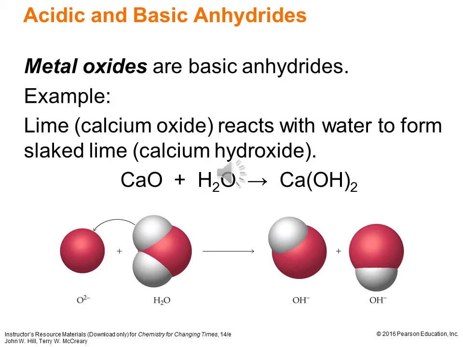It has hydroxide ions. So the nonmetal oxide, sulfur trioxide, in our previous slide, when we added water, we got sulfuric acid. Here, when we take calcium oxide, a metal oxide, and add water, we get a base, calcium hydroxide. And you see that process there. At the bottom, we see how the oxide ion specifically can give rise to two hydroxide ions.